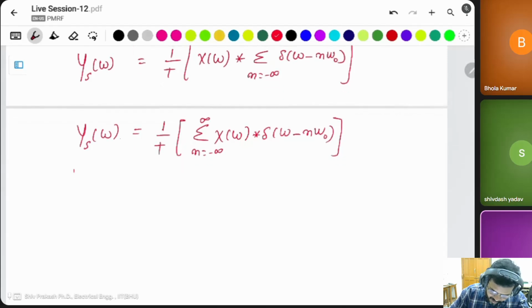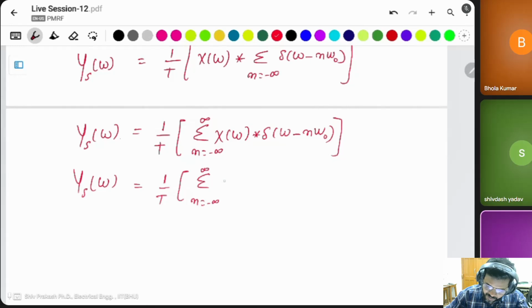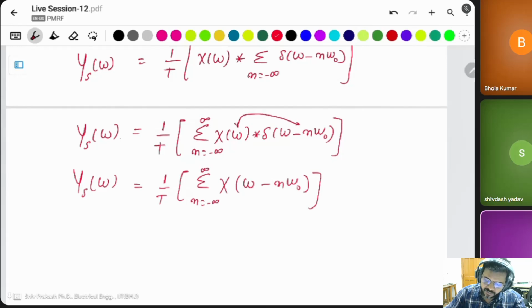It means Ys(omega) equals 1 by T times the summation of n equal to minus infinity to plus infinity of X(omega minus n omega naught). This is the delta function; a convolution with any delta function is replaced by the shifted X. This whole function is replaced in the X domain.